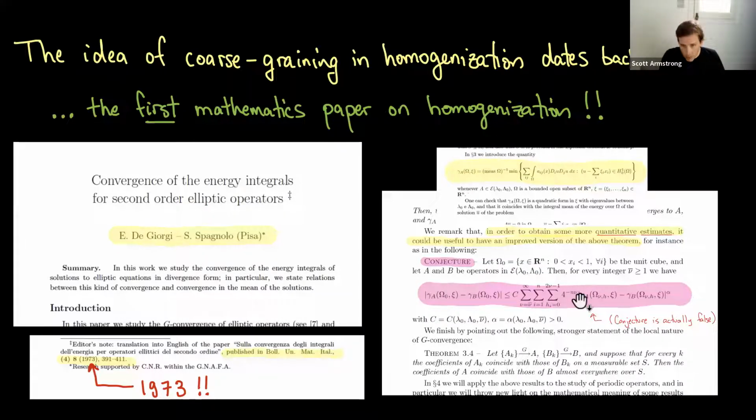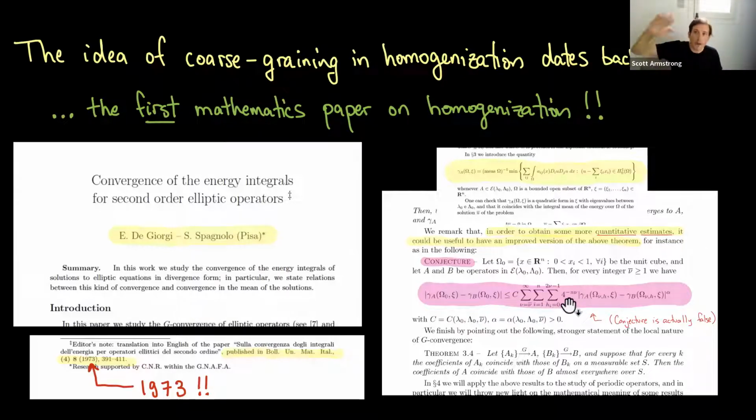And what he's saying here is that this is consistent with coarse-graining: if you have two coefficient fields and you want to estimate the difference on a large scale between the coarse-grained coefficients, it's not going to be a true renormalization group map, because it's not just going to depend on the previous scale. It's actually going to depend on all the scales below that, but you get to discount the small scales with a geometric factor.